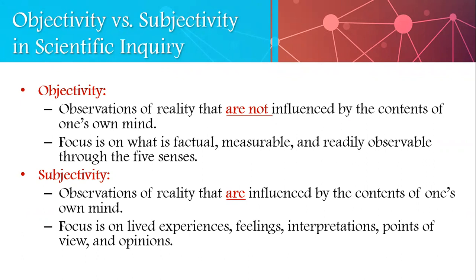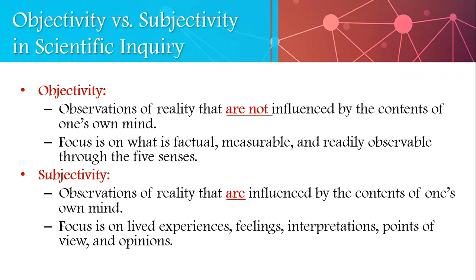For that reason, there's always the potential for biases to creep into the research process. However, if we are approaching our research from an objective standpoint, it is our responsibility as the researcher to minimize these biases as much as possible. The focus in objectivity is really about what is factual, measurable, and readily observable through the 5 senses.